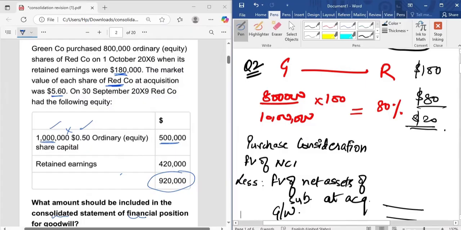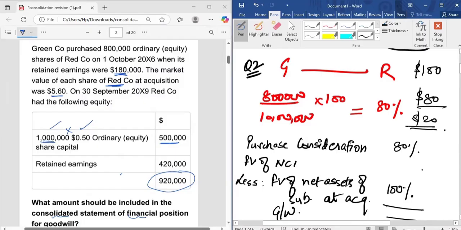Similarly here, why do we add fair value of NCI? When we are deducting the fair value of net assets of subsidiary, this is 100%. We are taking all the assets of the subsidiary. And in this question, Green has acquired 80% of Red, so this purchase consideration is for the 80% part.